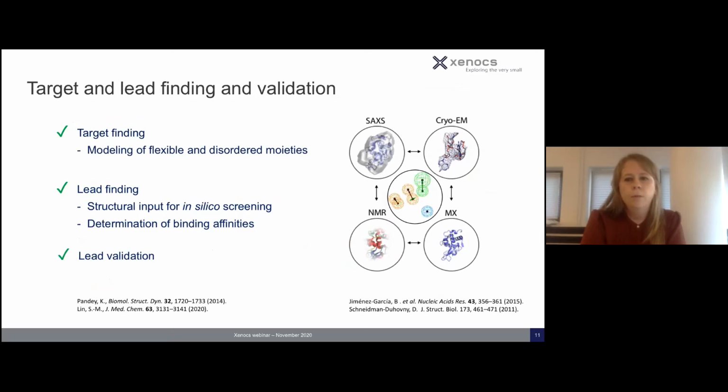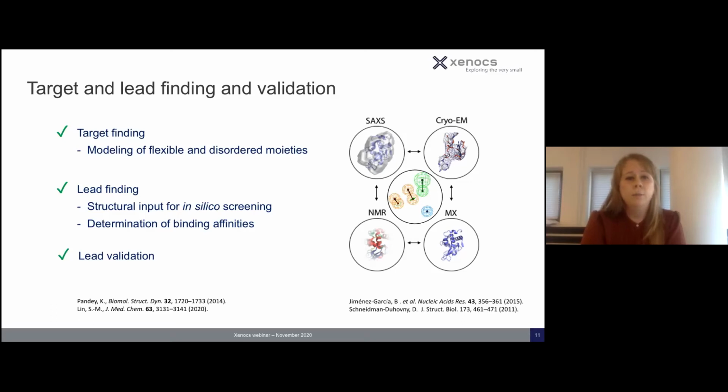So to summarize, in the start of this drug development process, SAXS can give fast access to low resolution 3D models, and it can model flexible and disordered moieties. In addition, SAXS creates input for in silico screening, so for the lead finding part, both in terms of providing a model as well as by measuring binding affinities.